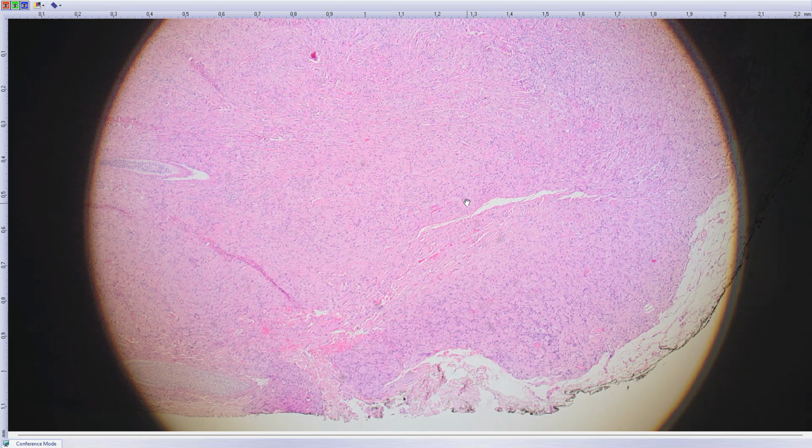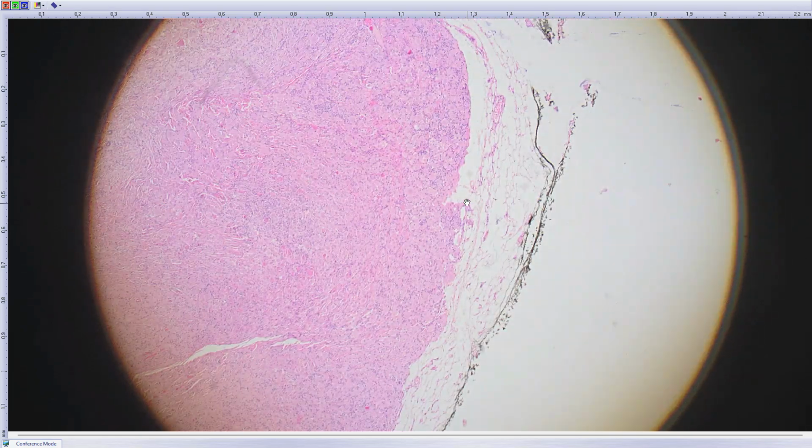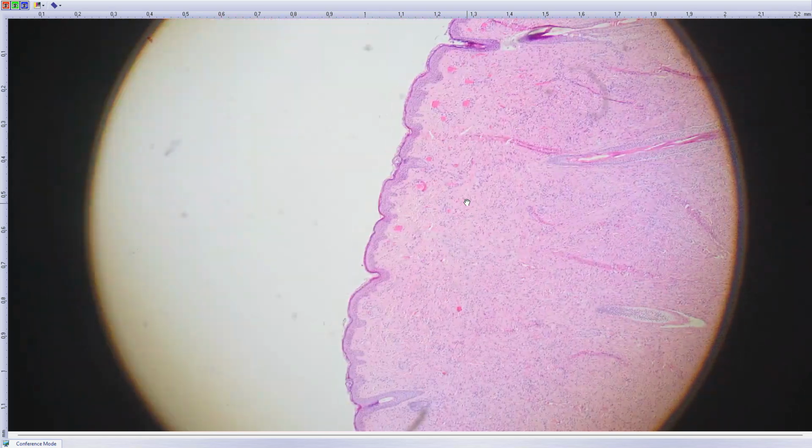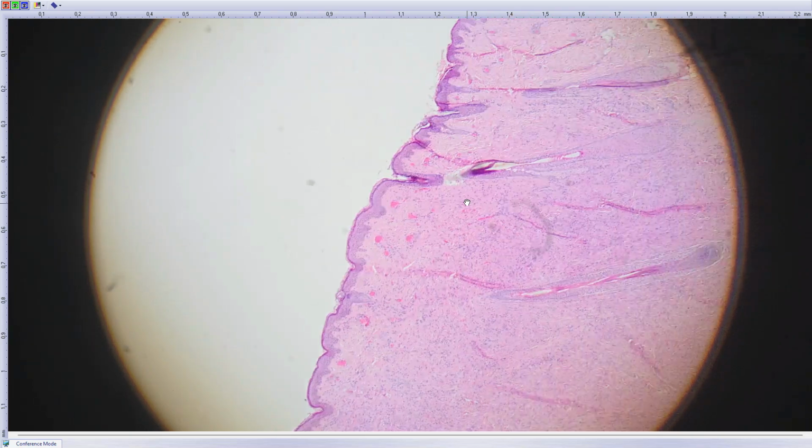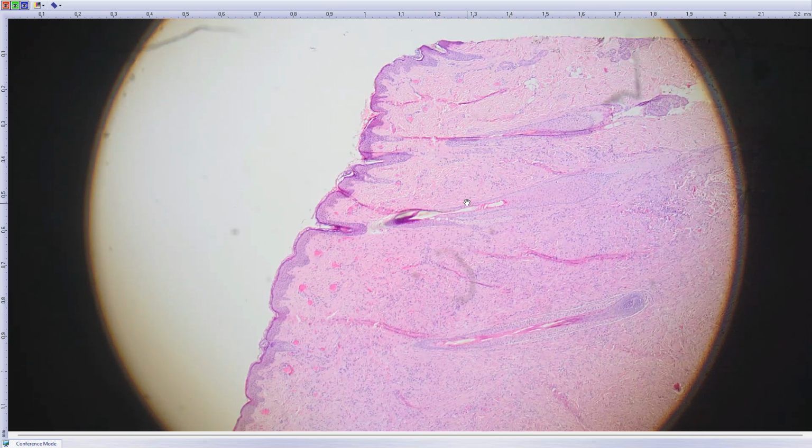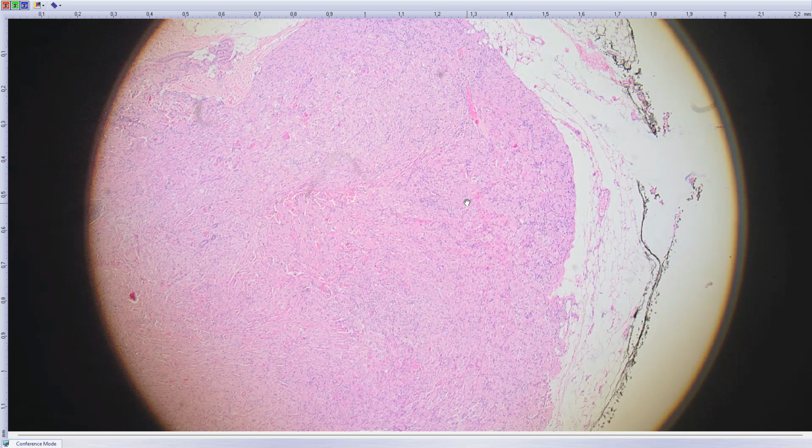Another case, this is a 1-year-old boy with a tumor on his back. So in the skin excision the epithelium is normal, and in the dermis you see these large eosinophilic cells.